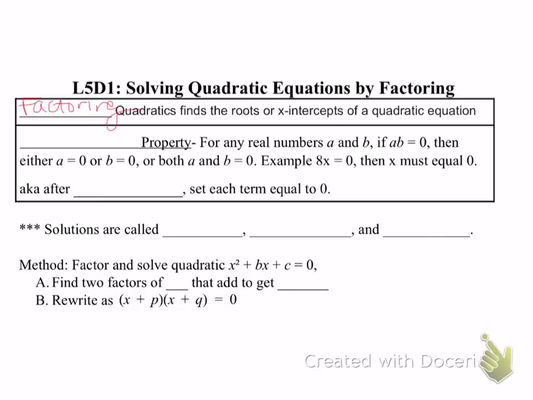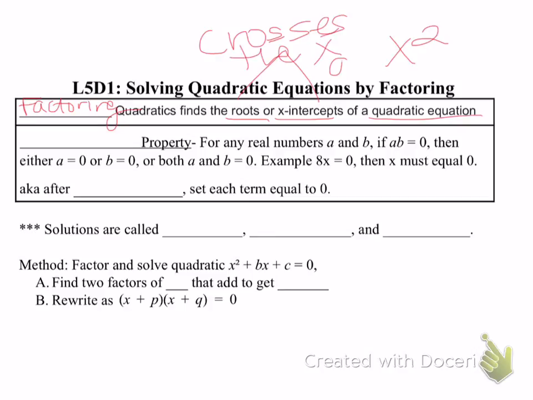Factoring quadratics finds the roots or x-intercepts of a quadratic equation. A quadratic equation we know is x squared, and roots and x-intercepts is where it crosses the x-axis.